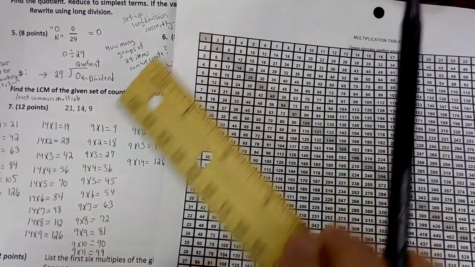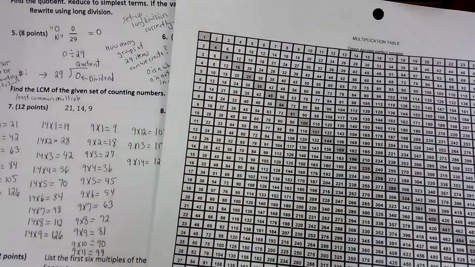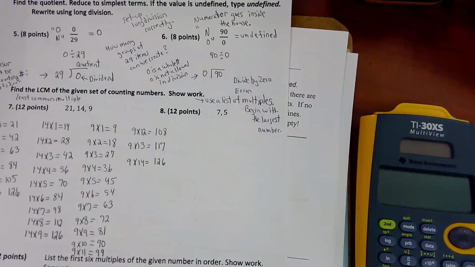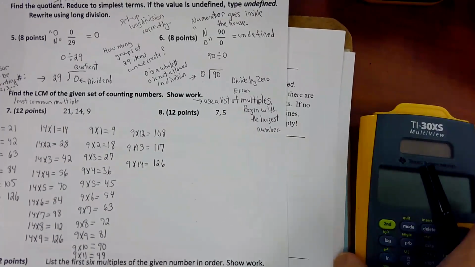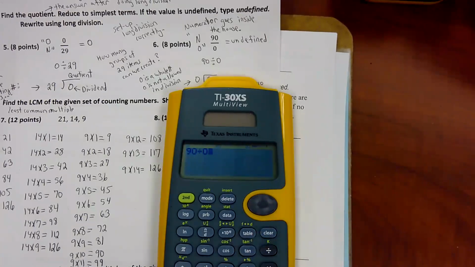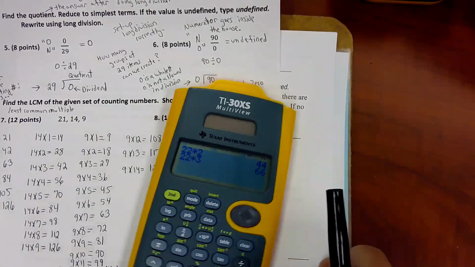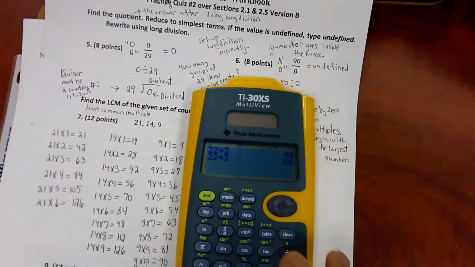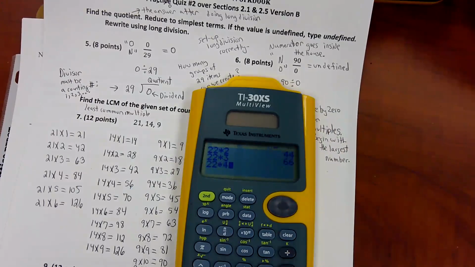You should double check that. Because sometimes if your list is really long, maybe we made a mistake typing the numbers in. You could also type 22 times 2 and write it down, 22 times 3, and write it down, 22 times 4, and write that down, right?